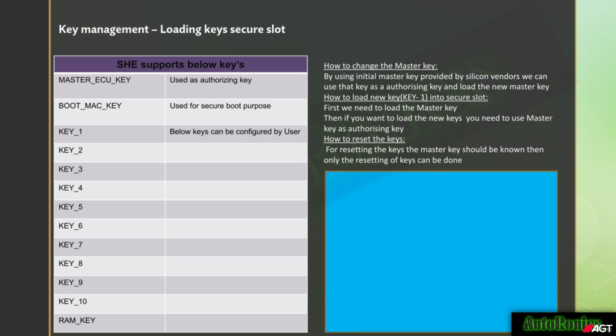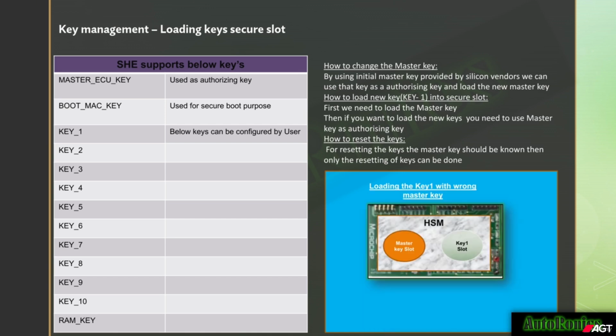So let's see a negative scenario where we load the key 1 with the wrong master key value. Once you load the wrong master key value, and if you try to load the new key, we are not able to load the new key since our master key is wrong.